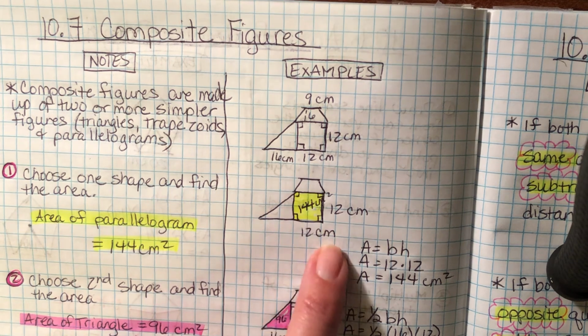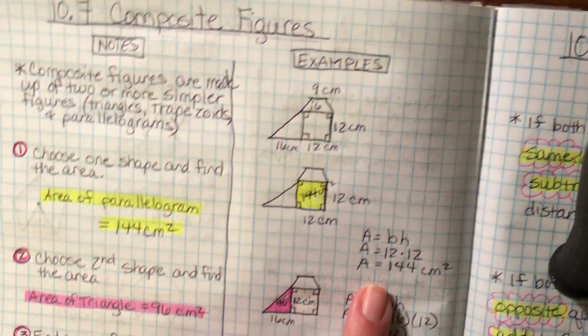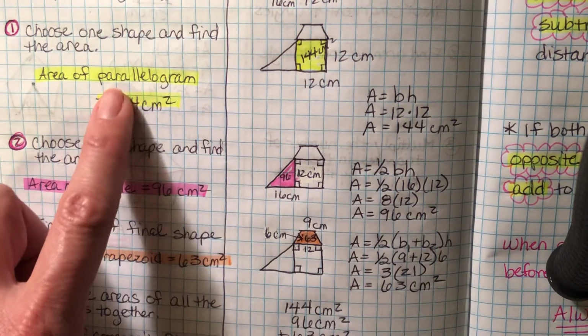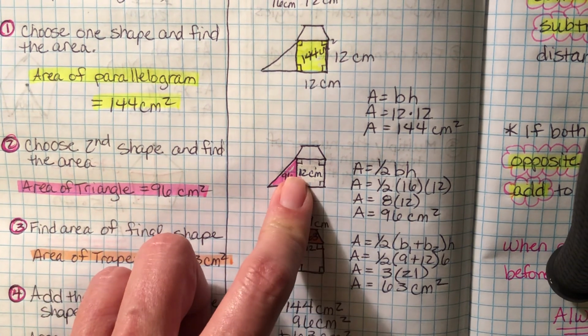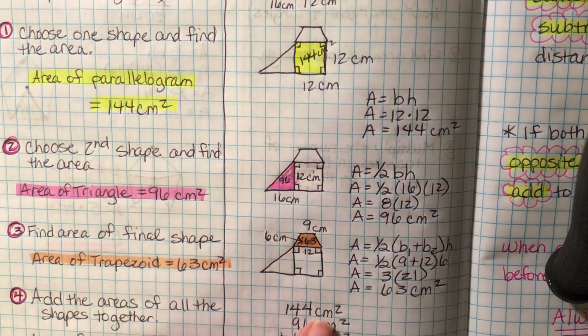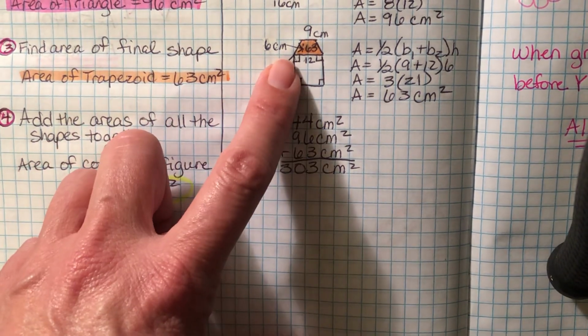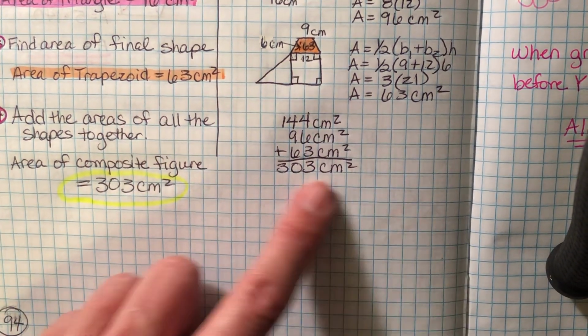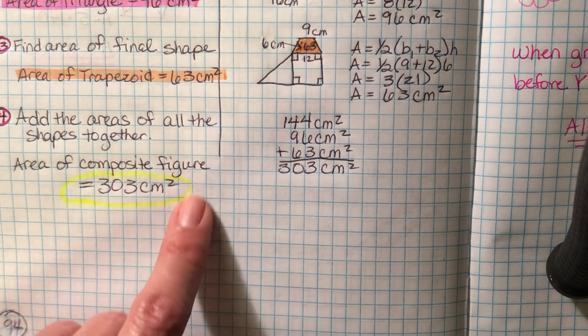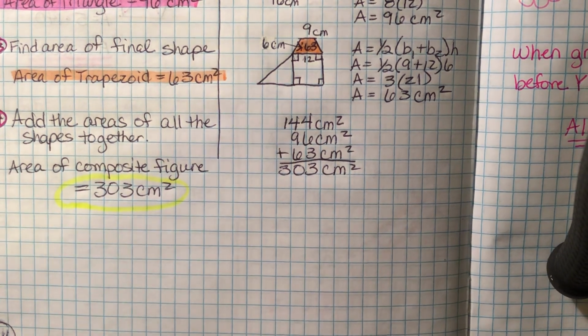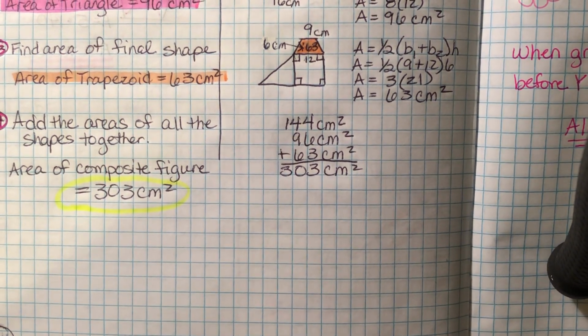So we found the area of the square first. Choose the second shape, find its area. So we found the area of the triangle. Find the area of the final shape. In this case, it's the trapezoid. Add all the areas of the shapes together, and you get the area of the composite figure. All right, good luck.